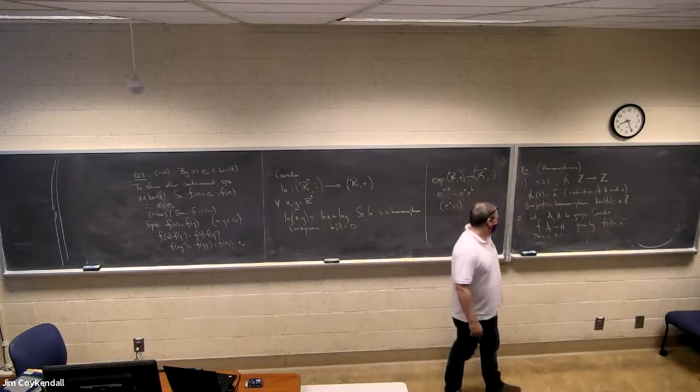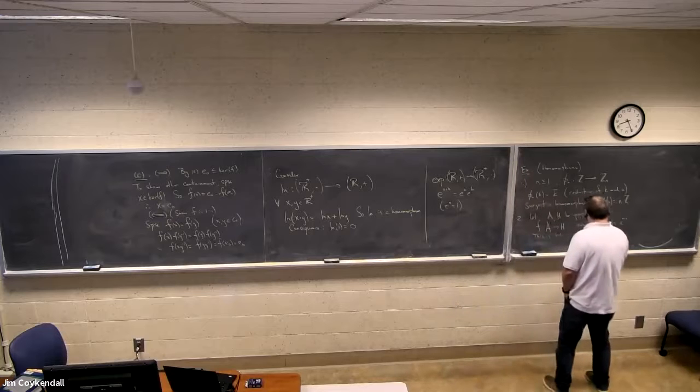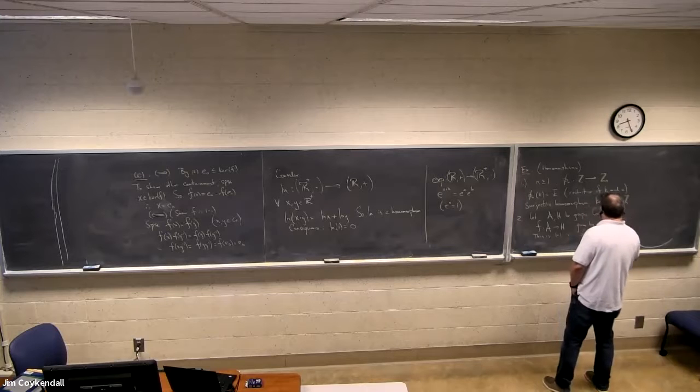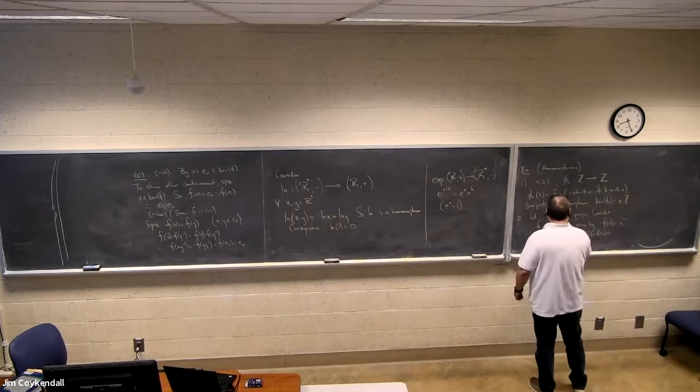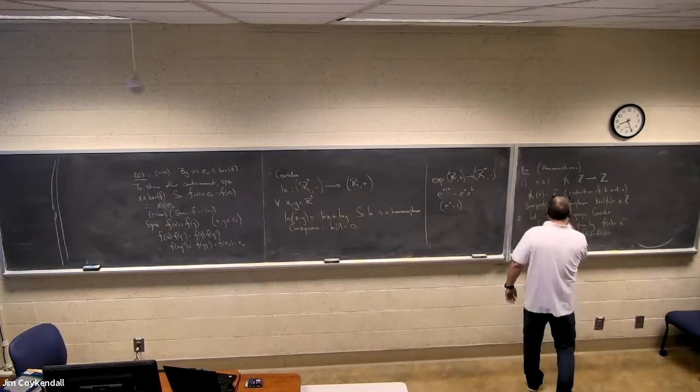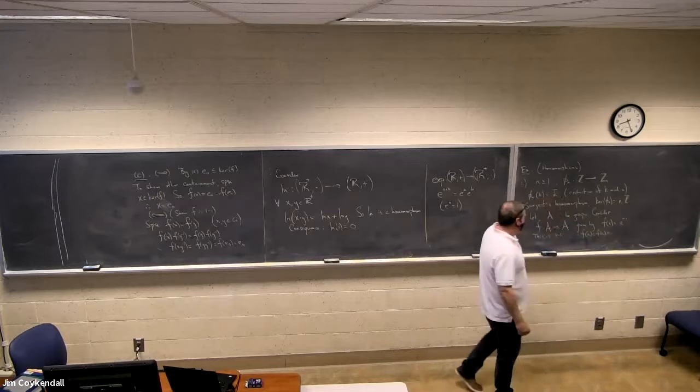Right? Because, actually, let's just let G be a group, but I want this to be a homomorphism. I want this to be not a inverse.